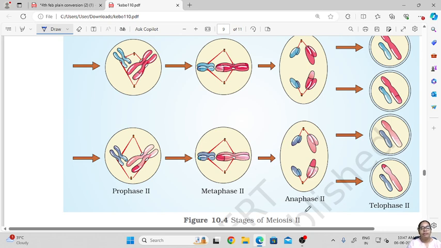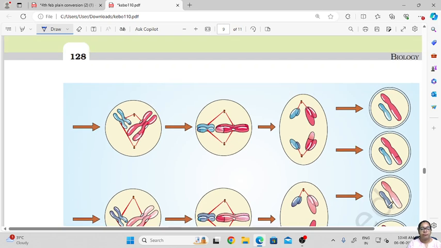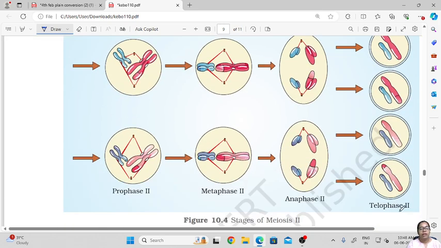Then in the anaphase 2, the chromosomes will move towards the poles, and then at the telophase 2 stage each cell will divide to form daughter cells. Cytokinesis will take place, and this will form one cell with the genetic material in it.